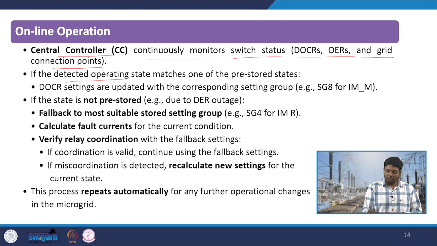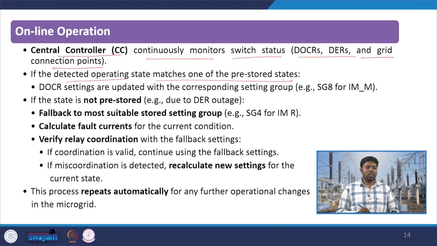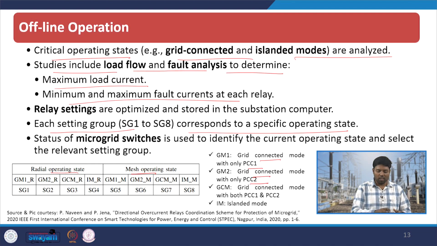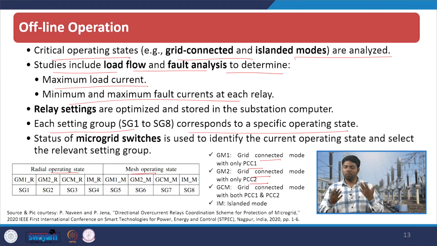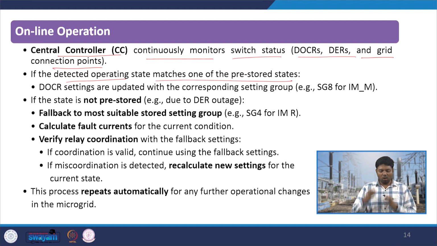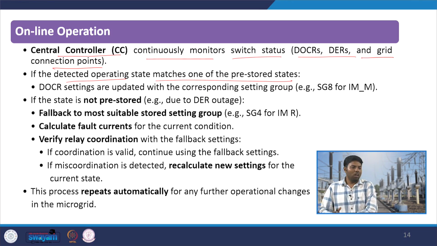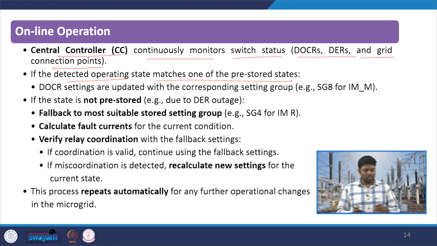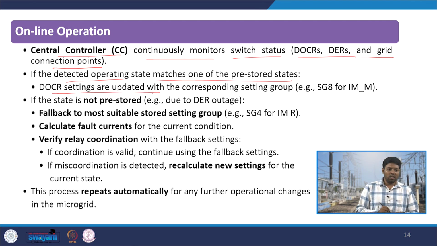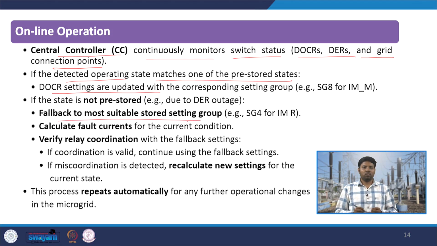If the detected operating state matches one of the pre-stored states, that means you already simulated in the offline stage multiple scenarios with multiple loading conditions and multiple fault levels, then your directional overcurrent setting will be that corresponding setting. But if it is not pre-stored, then you set it to the most suitable one.